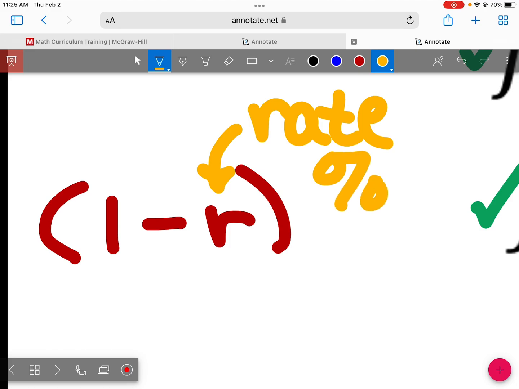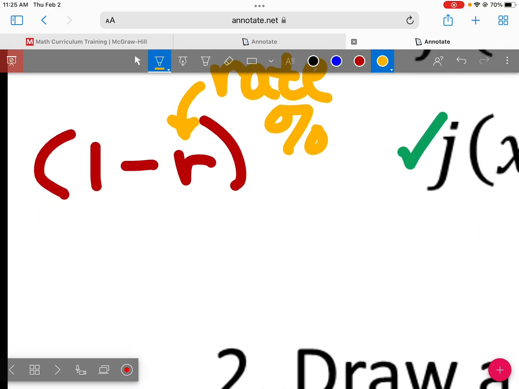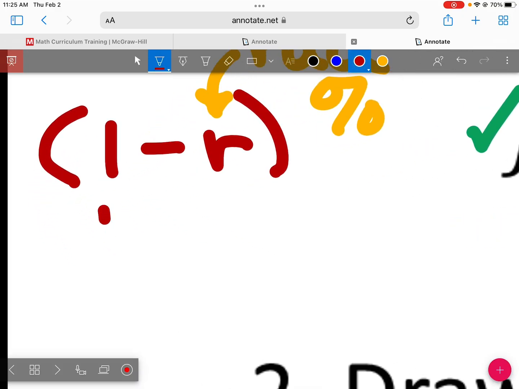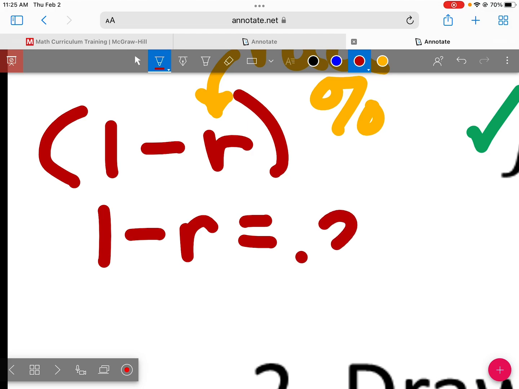So how could I figure out what R is if all I have is this? Well, 1 minus R gave me a result of what? Yeah, gave me a result of 0.2.